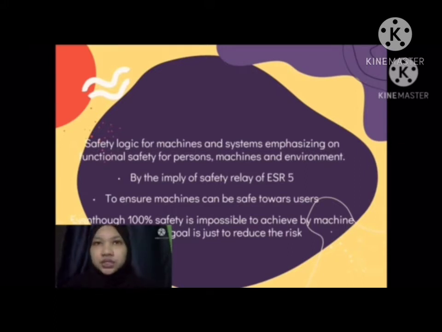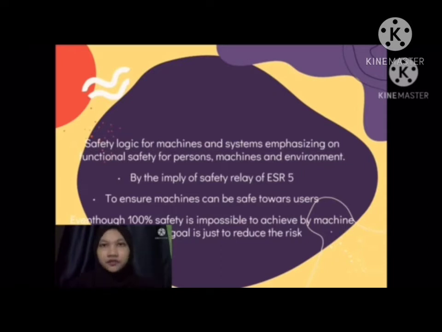Next is reducing the risk associated with machine. Next is safety manual for machines and system, risk reduction by the use of safety related parts, logic unit for safety function, safe processing of logic, and safety relay of ESR5.